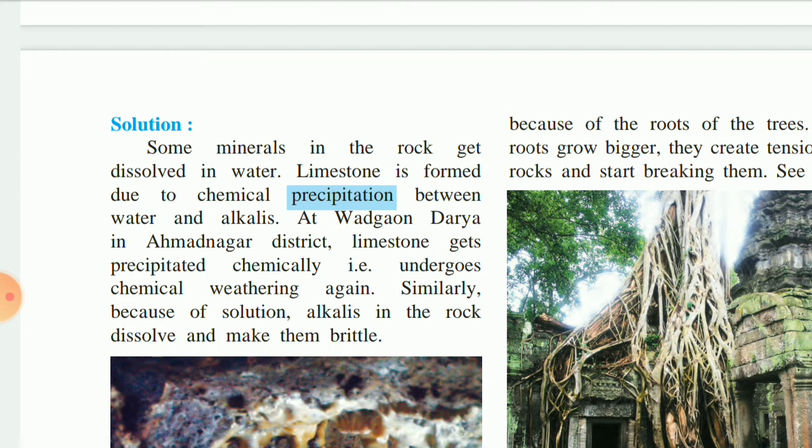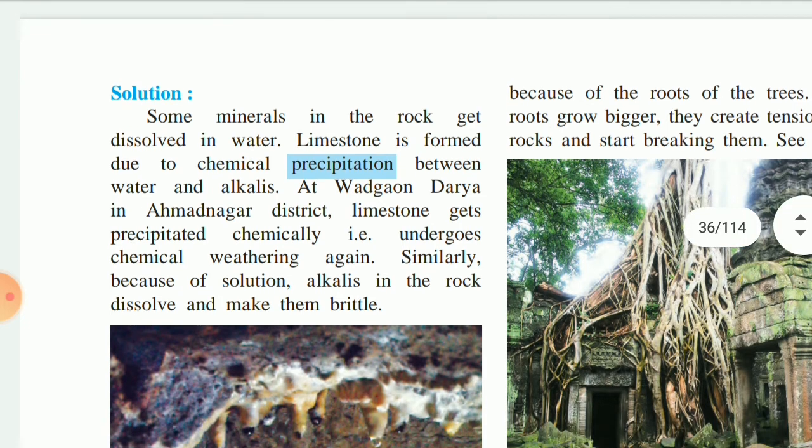Limestone is formed due to chemical precipitation between water and alkalis, for example at Vargaon Dharia in Ahmednagar district. Limestone gets precipitated chemically, that is, it undergoes chemical weathering again.